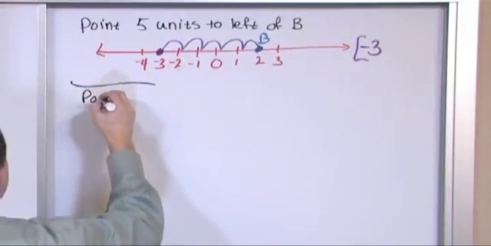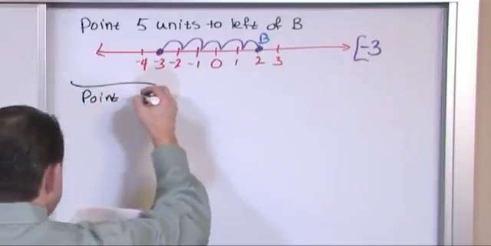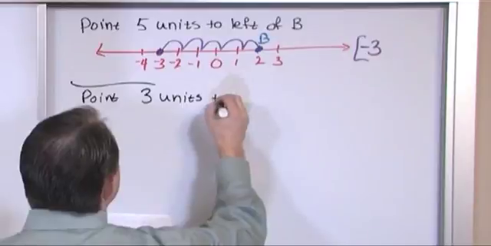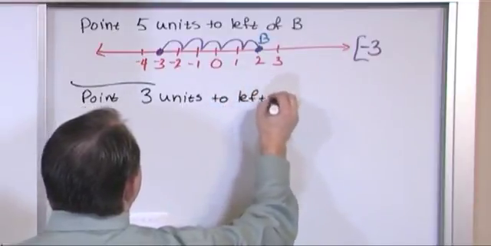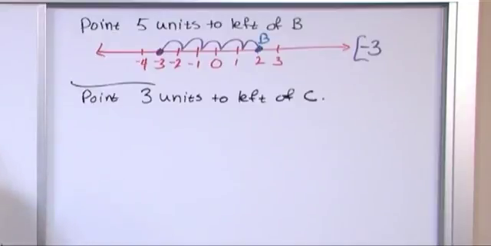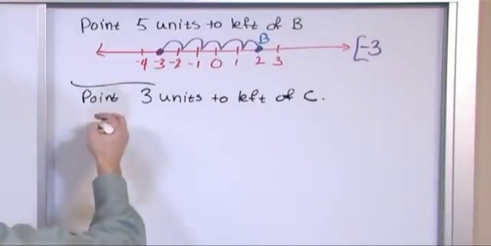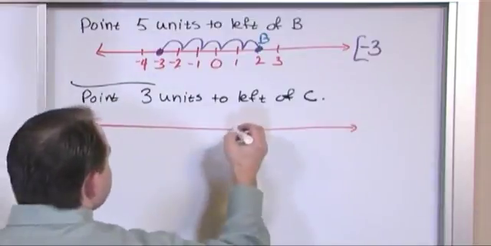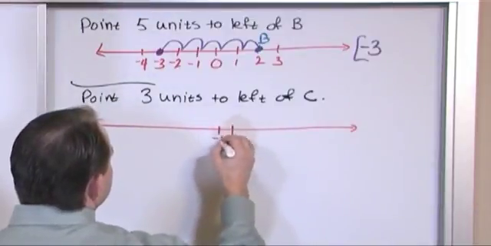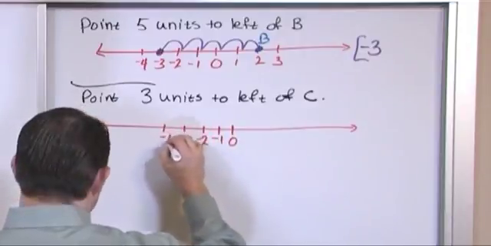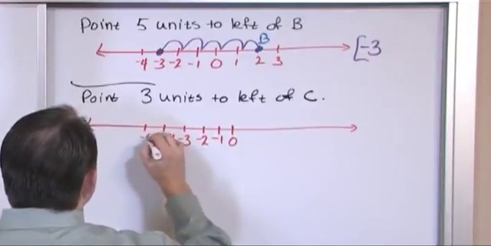We want a point that is 3 units to the left of the point C that I'm going to put here on the number line for you. All right, and let's say 0's here, negative 1, negative 2, negative 3, negative 4, negative 5.